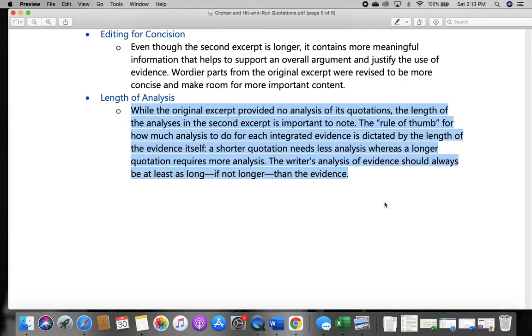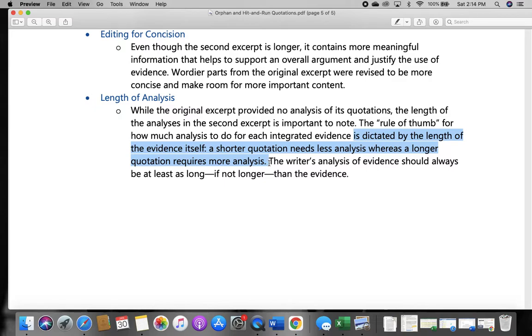But there are times when we do need a longer quotation, and there are reasons behind it. For how much analysis to do, and this is in part 2 of the 3-step model, the integration and analysis of the evidence is dictated by the length of the evidence itself. A shorter quotation needs less analysis, whereas obviously a longer quotation needs more analysis.